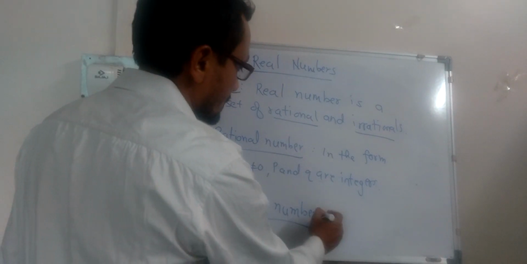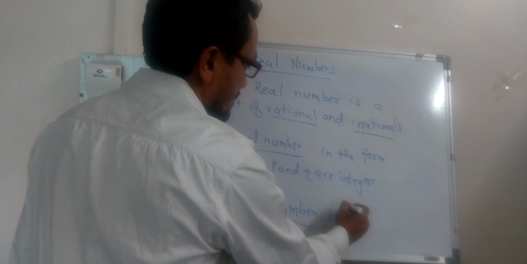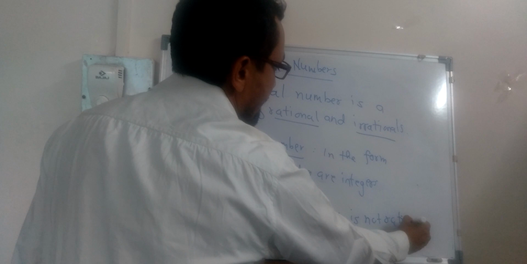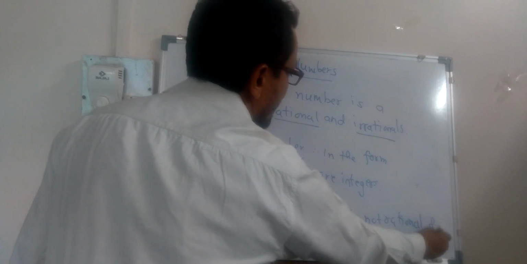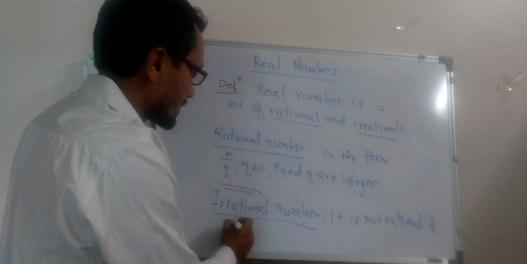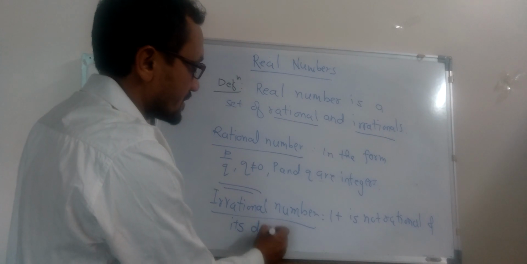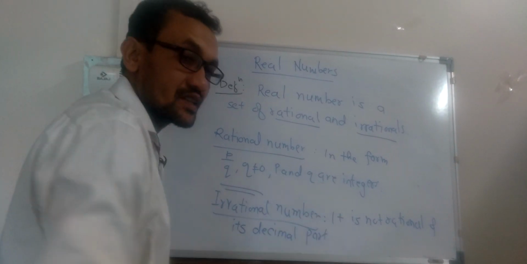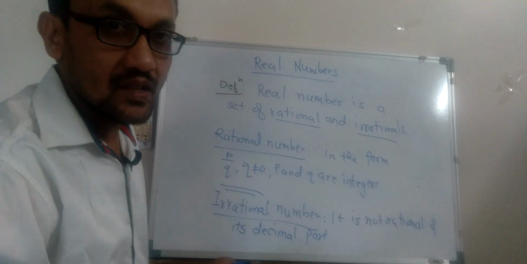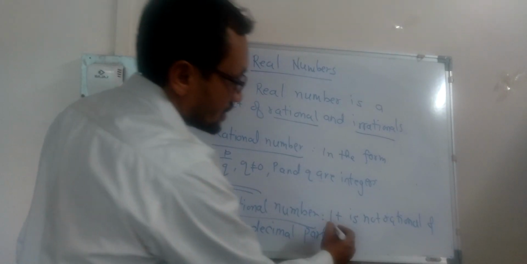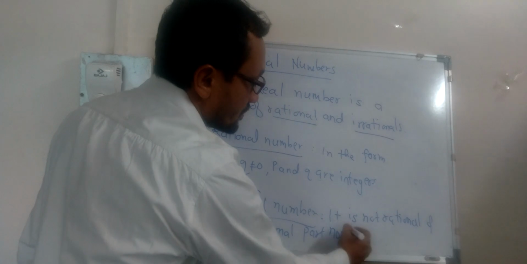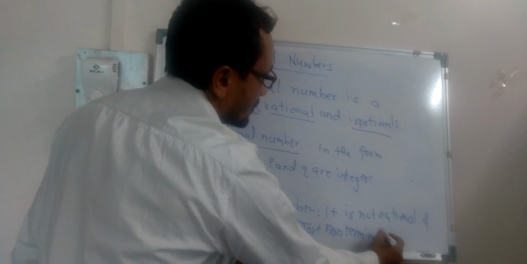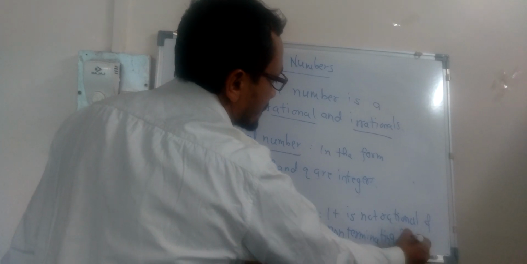So it is not rational, and its decimal part is non-terminating and not repeating. What do you mean by terminating? It means stop. So it is not stoppable, and not repeating.